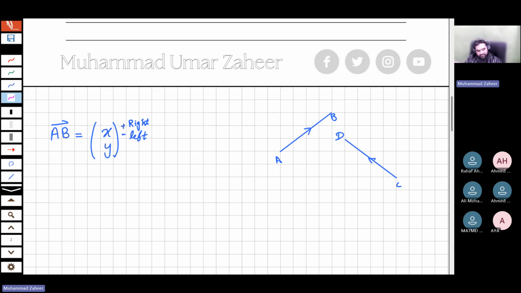Look at here in this situation, we are moving 1, 2, 3, 4 towards the left side. So it is 4 as well, but this 4 is a negative value. You are moving towards the left side, so it is negative 4. In this situation, 1, 2, 3, 4, you are moving towards the right side, so this is positive 4. Yes, everyone, this point is clear?